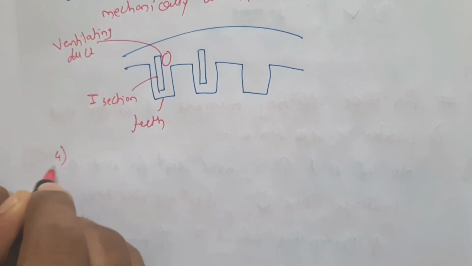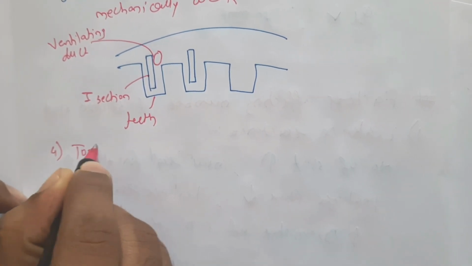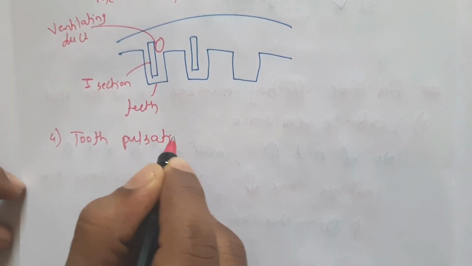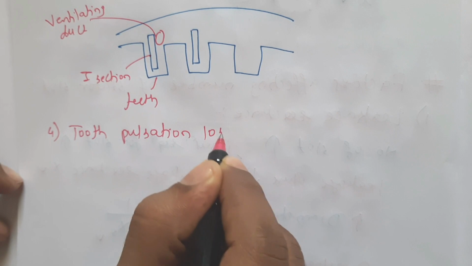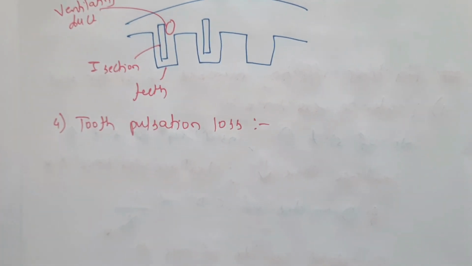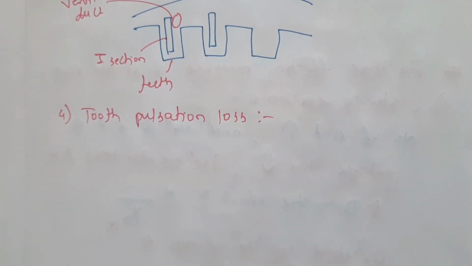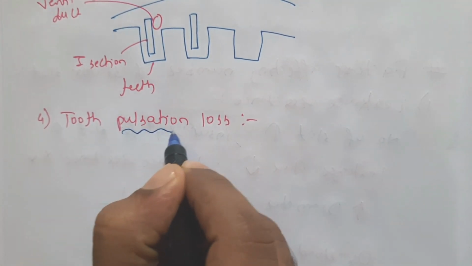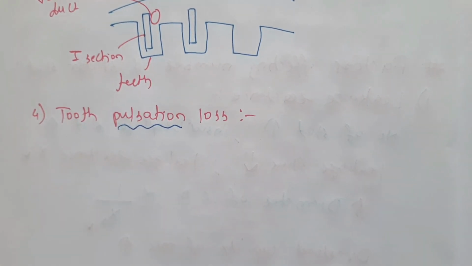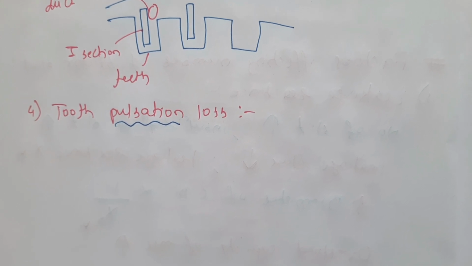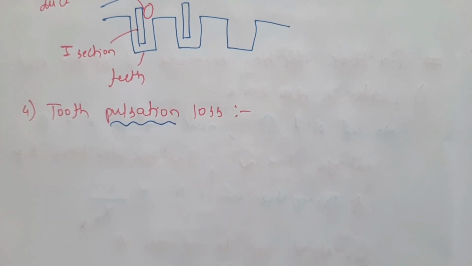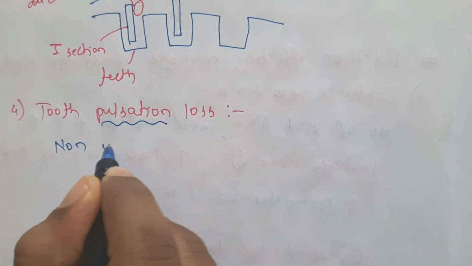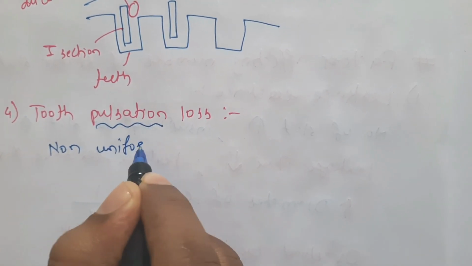Now next point is tooth pulsation loss. This loss is due to pulsating, that is, as the name suggests, pulsating. This loss is due to varying flux in the air gap. The main reason for variation of flux is non-uniform air gap.